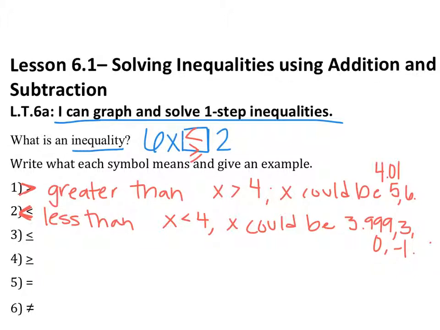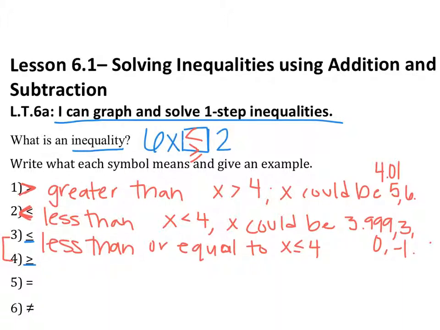Now the difference between 3 and 4 right here, when I all of a sudden add this line underneath my inequality, means that this first one is going to be less than or equal to, meaning if I have x less than or equal to 4, that means x could be 4.